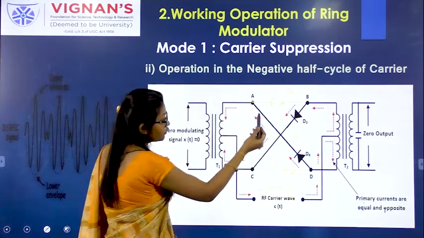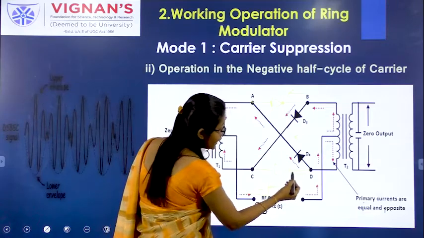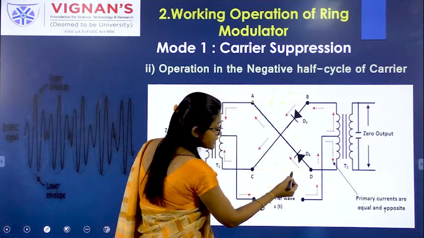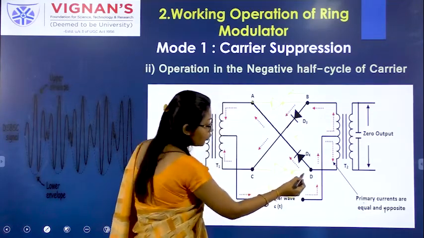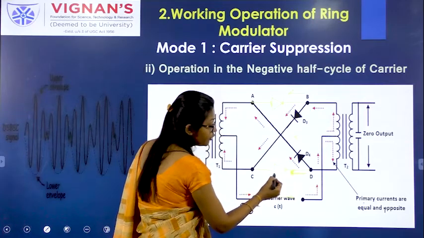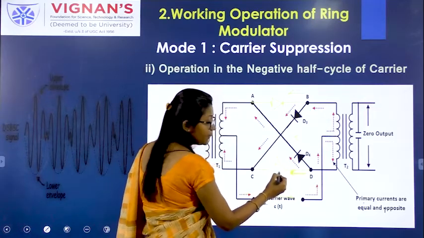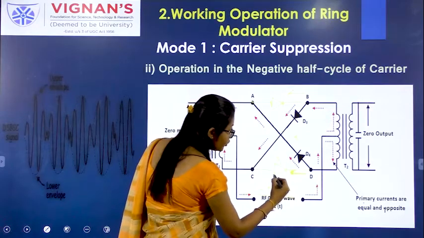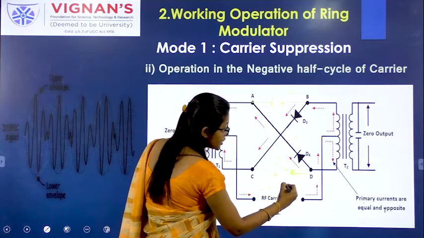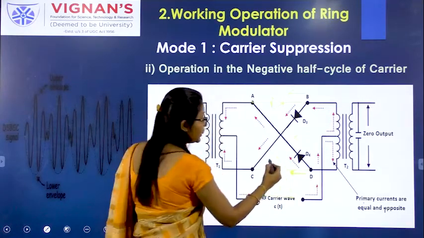So if you see here what is happening, the flow is to this side, but if you see diode D2, what is happening to it? This is negative, positive, but the current flow direction is positive and negative, so it will be reverse biased.